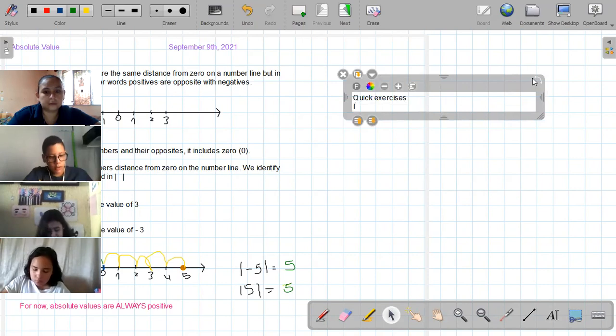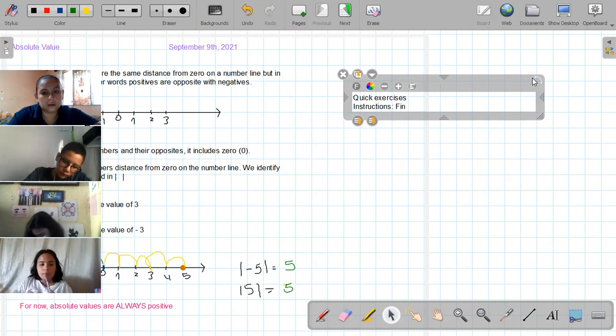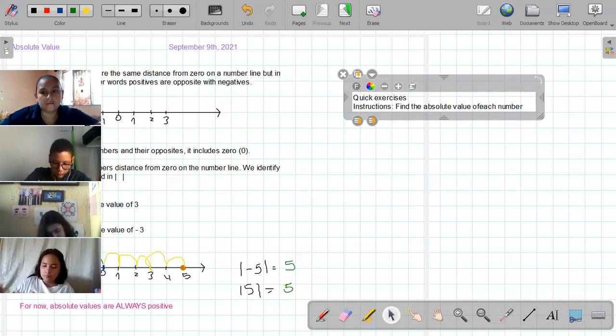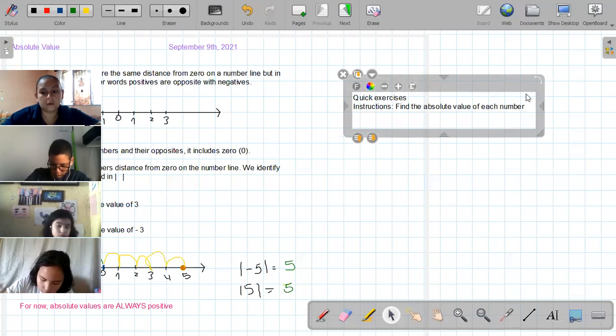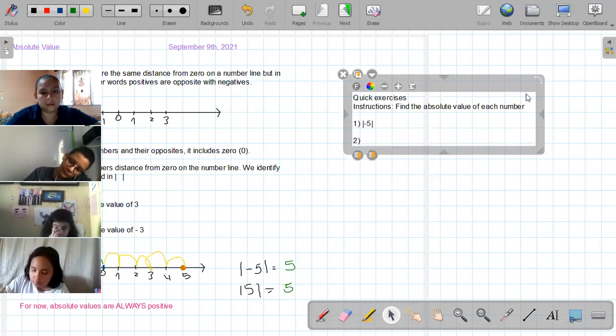Instructions: find the absolute value of each number. Okay, number 1, absolute value of -5. Number 2, absolute value of 2. I'm going to place more space in here.